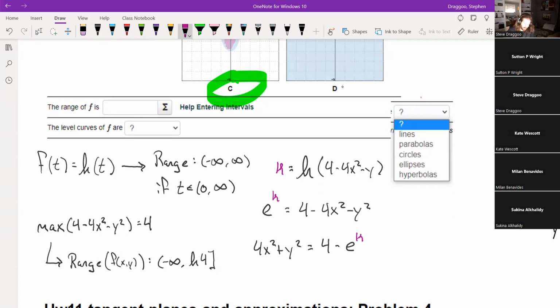So I get that 4x squared plus y squared is equal to 4 minus e to the k, where k is a constant number, whatever the z value would come out to, since z equals f of x y. But since k is just a constant number, 4 minus e to the k is still a constant number.